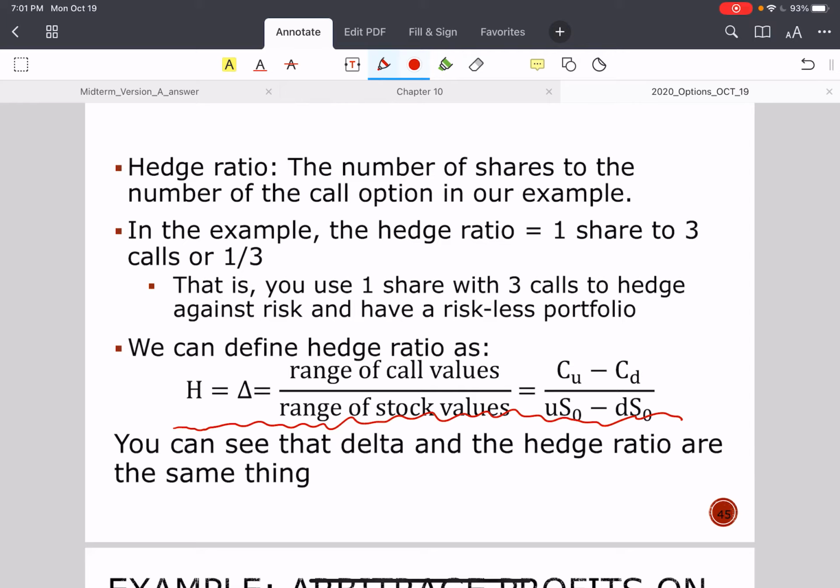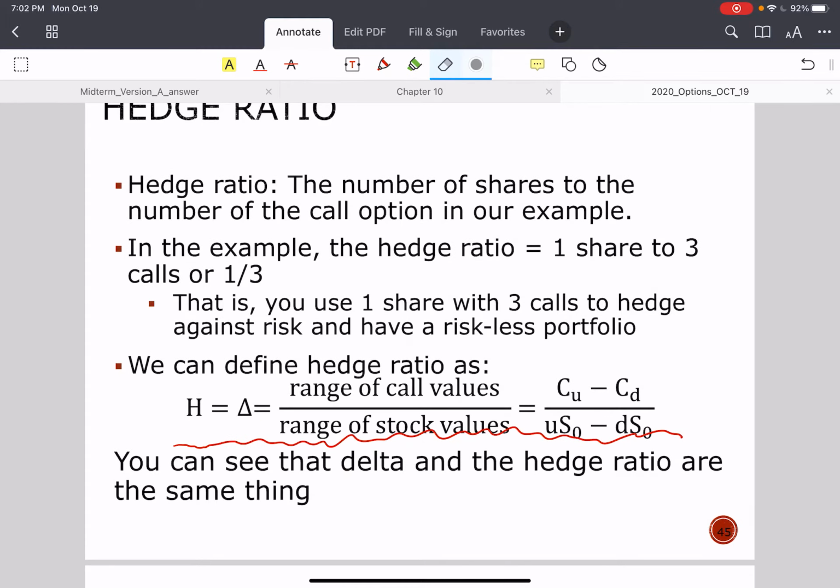Now, let's think about this. Why should you use one share of stock with 3 call options to hedge against the risk? Let's see the definition of the hedge ratio. The hedge ratio is defined as the change in call value divided by the change in the stock price.